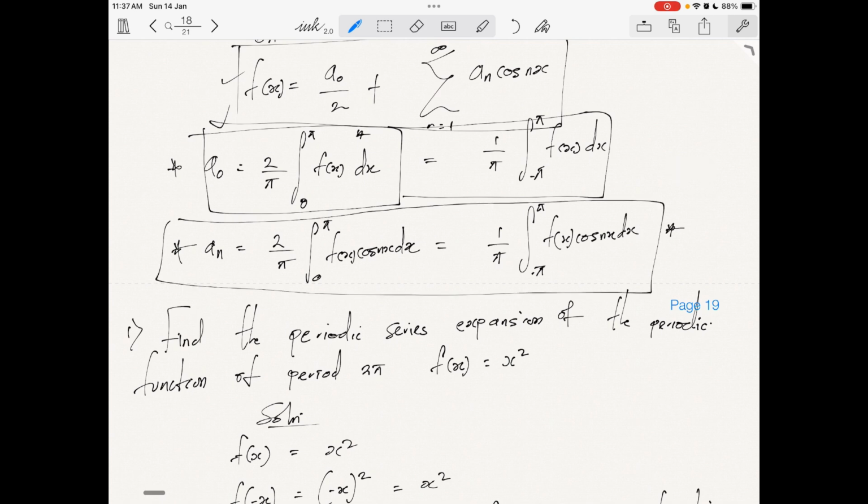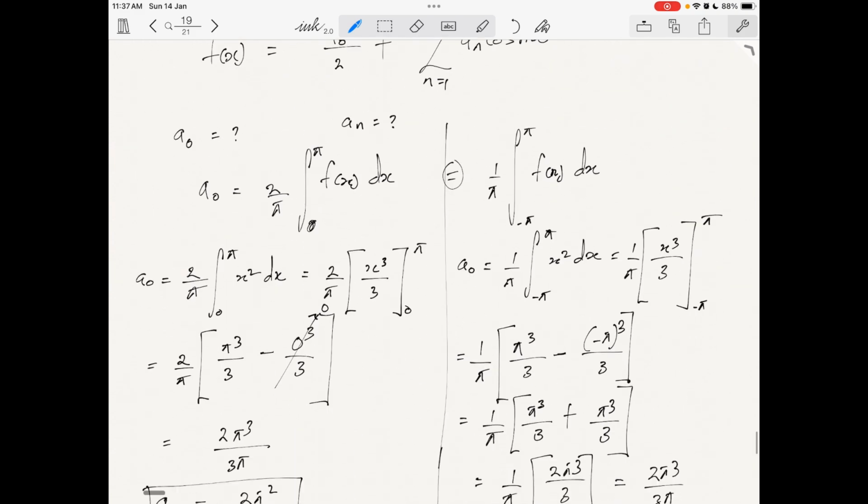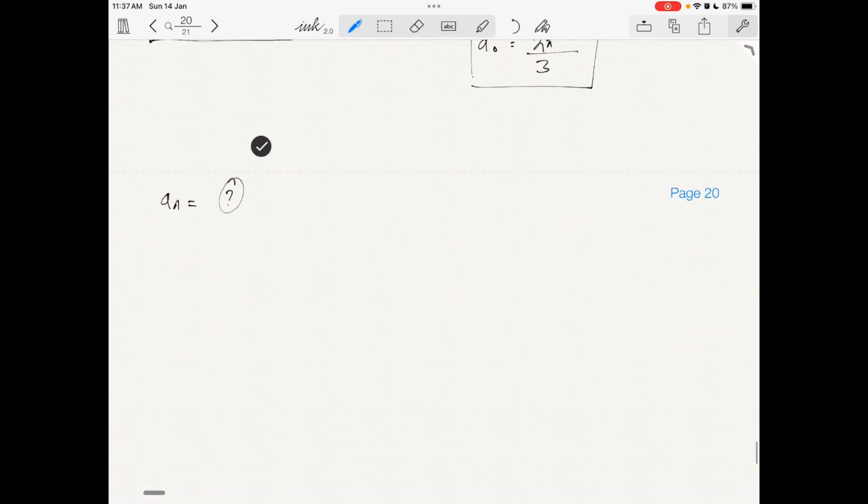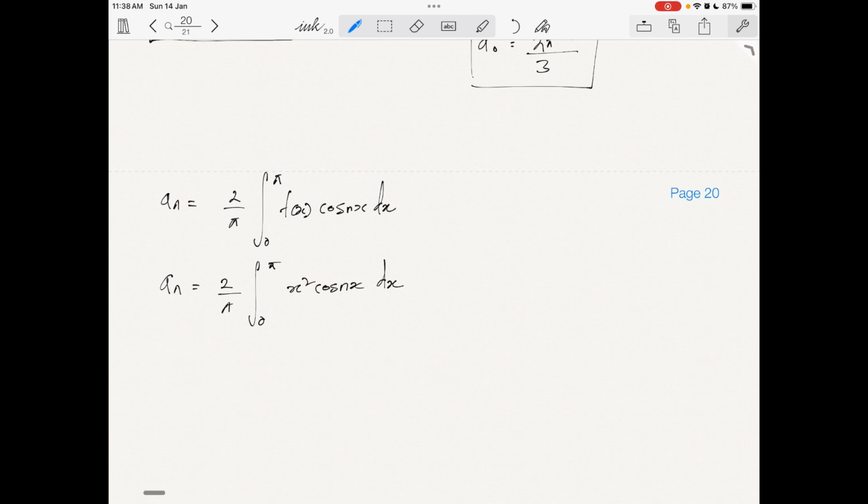This is the formula for an: 2 over pi integral of 0 to pi of f of x cos nx dx. And now our f of x is x squared. So an is 2 over pi integral of 0 to pi of x squared cos nx dx.